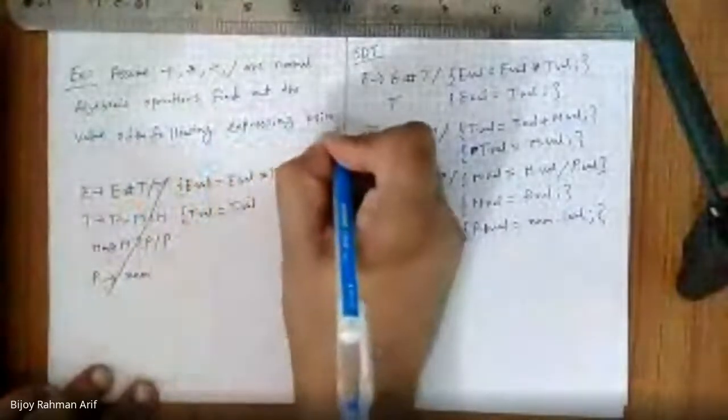Now assume plus, star, minus, and division are normal algebra operations. Find out the value of the following expression using the SDT.